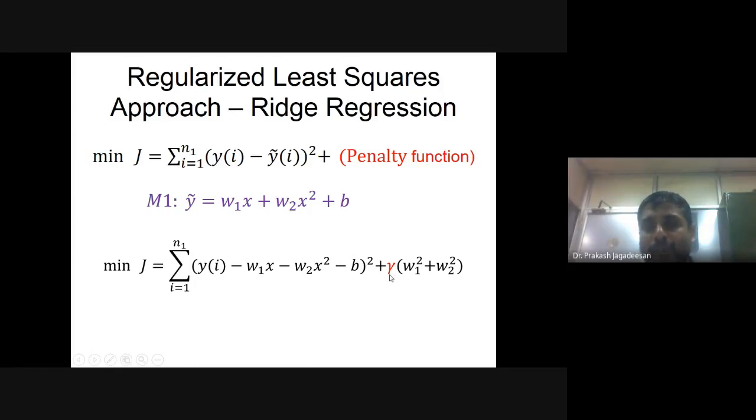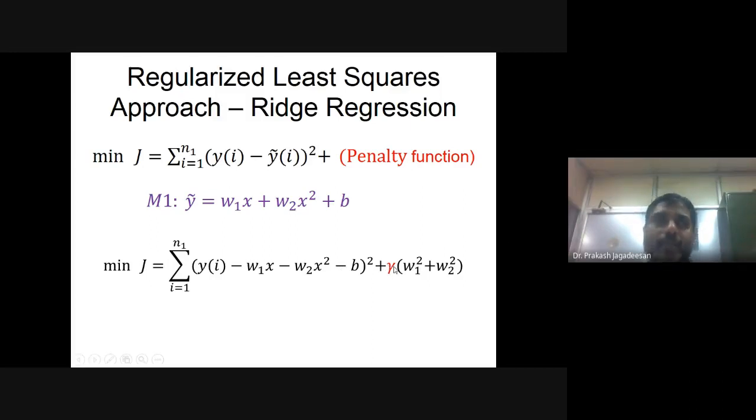So our objective function will have gamma times W1 squared plus W2 squared, because there are 2 weights, W1 and W2. We won't use B in the penalty function. And this gamma is called a hyperparameter. In machine learning, they call gamma a hyperparameter.